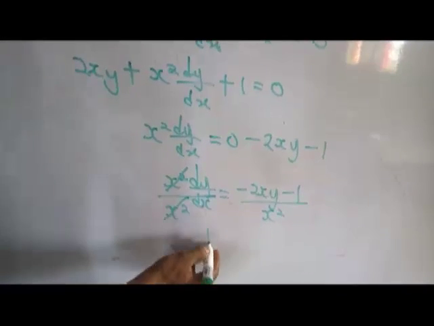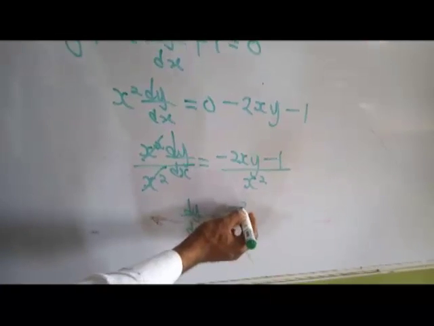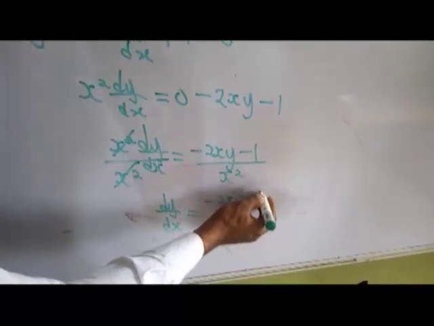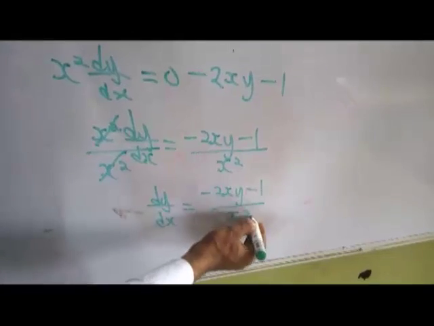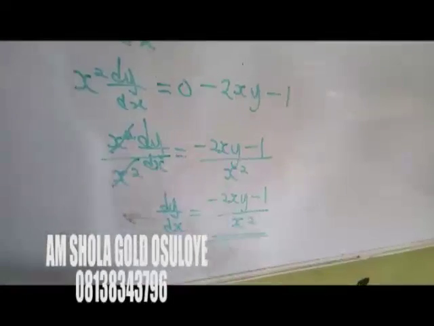This cancels this. So I'm going to be having dy/dx equals minus 2xy minus 1 over x squared. That is my final answer for this differentiation.